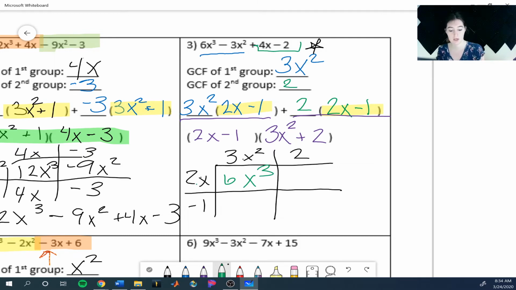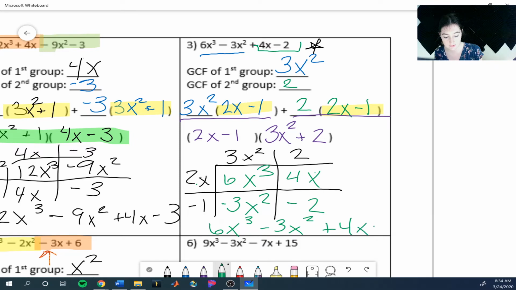Now I have 2x times 2, 4x, negative 1 times 3x squared, negative 3x squared, negative 1 times 2, negative 2. Now I write it out with greatest exponent to smallest exponent. 6x cubed minus 3x squared plus 4x minus 2.